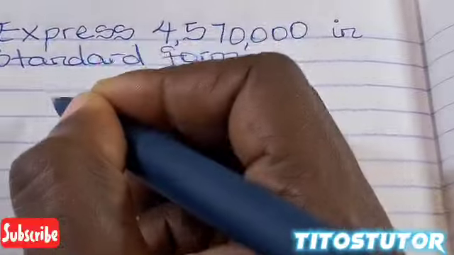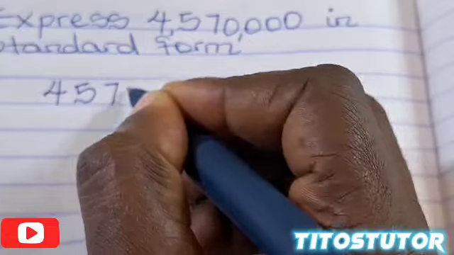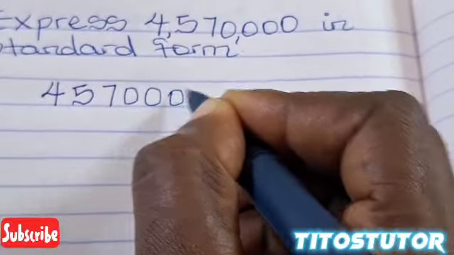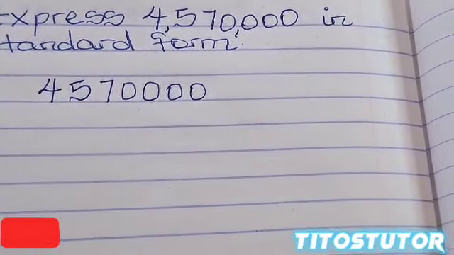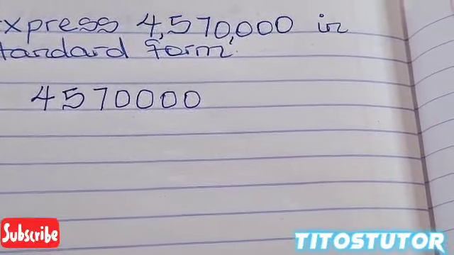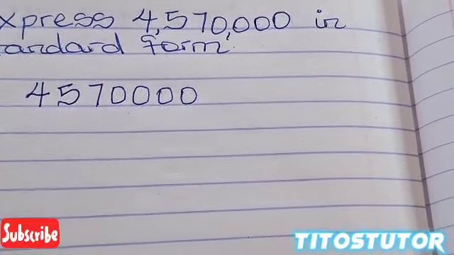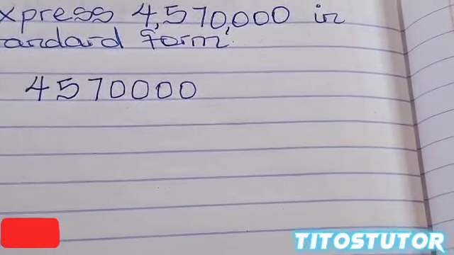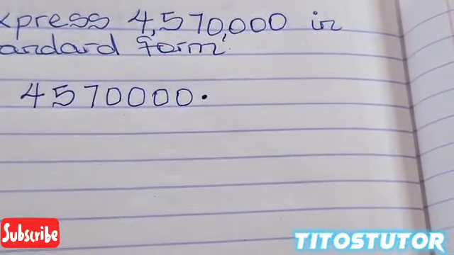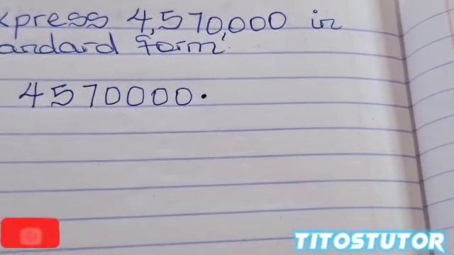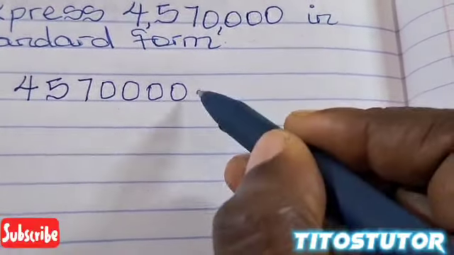So I'm going to write that again: 4, 5, 7, 1, 2, 3, 4. Remember that when you're converting a number bigger than 1, your power of 10 will be positive. So I already know my power of 10 will be positive. After every whole number, there's an invisible decimal point that has to be moved, so my integer is just 1 in the ones place. So let's go.